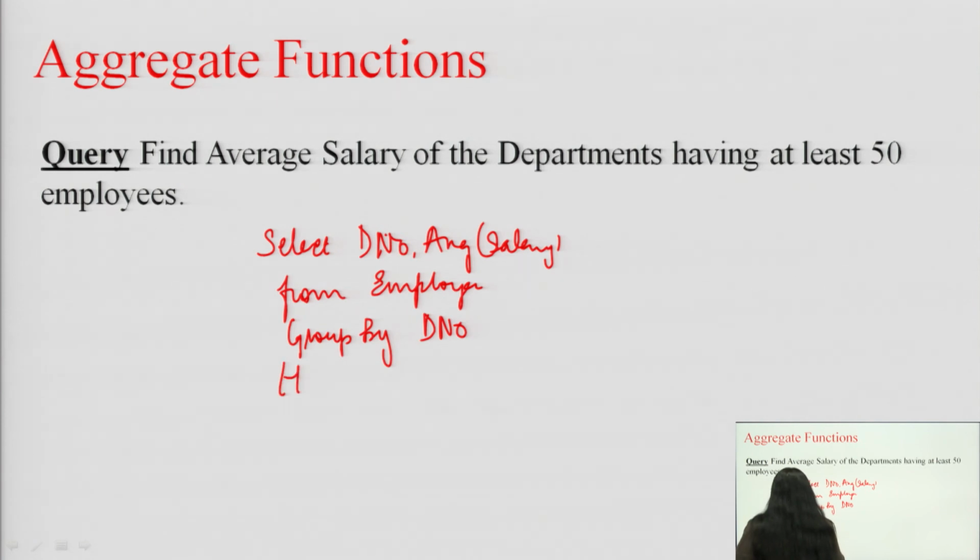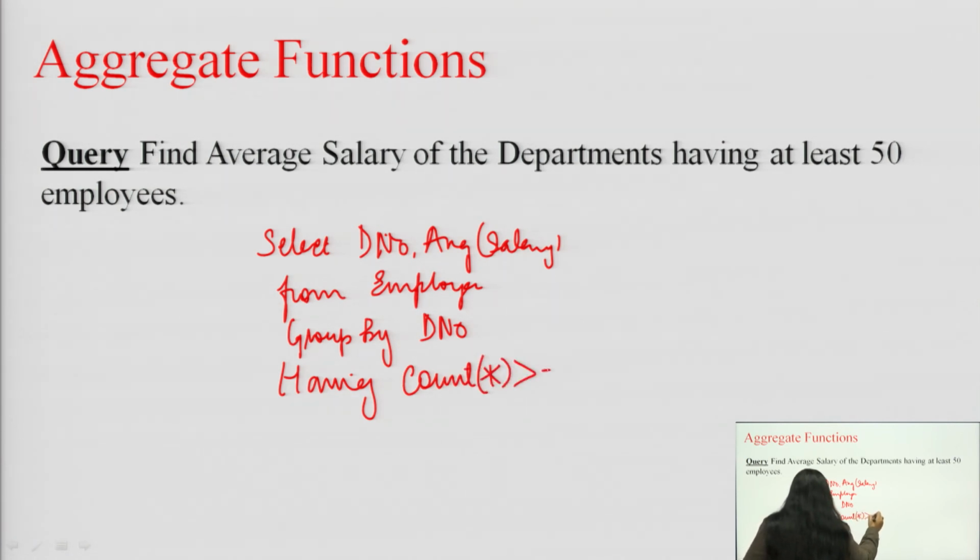Having count greater than equal to 50. So, this is how we basically use the aggregate functions using the average function, right.